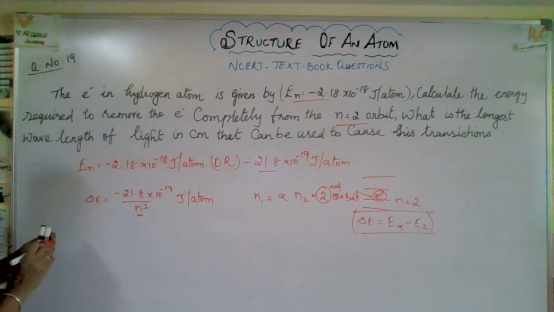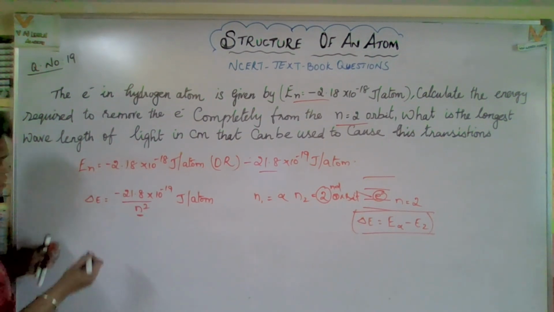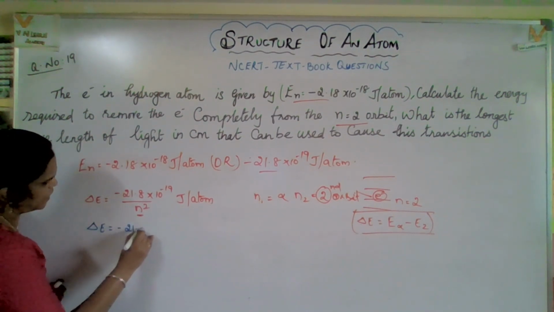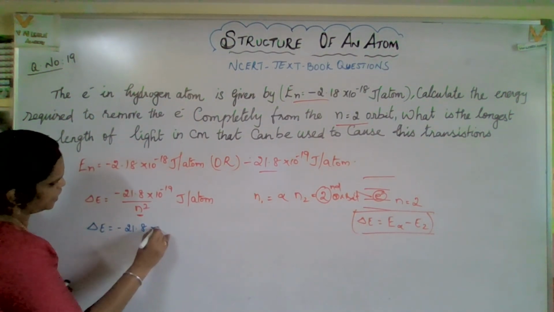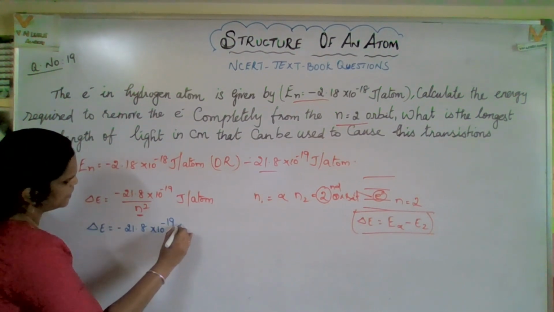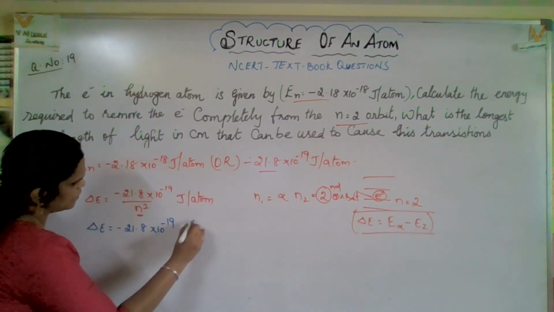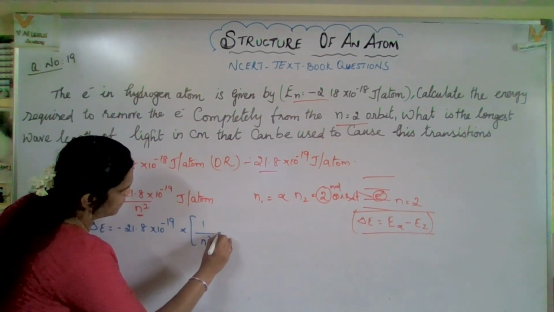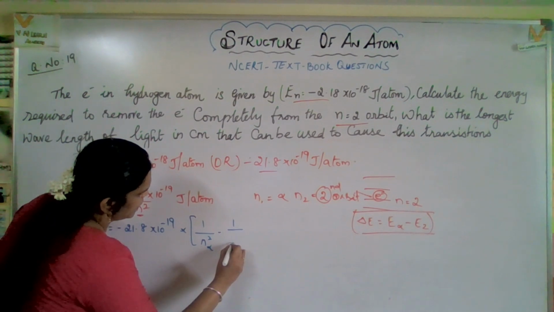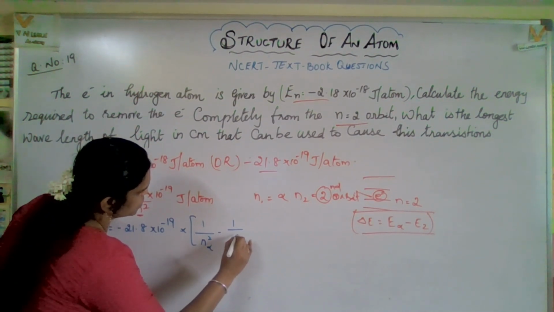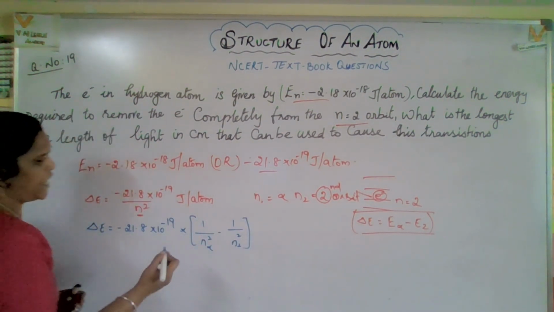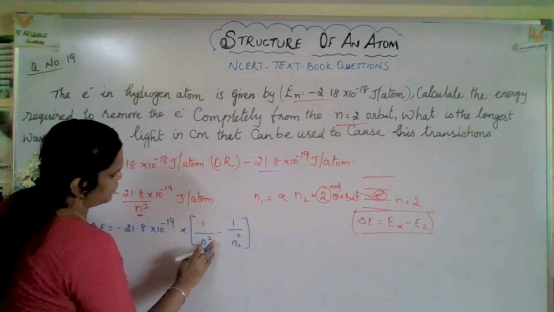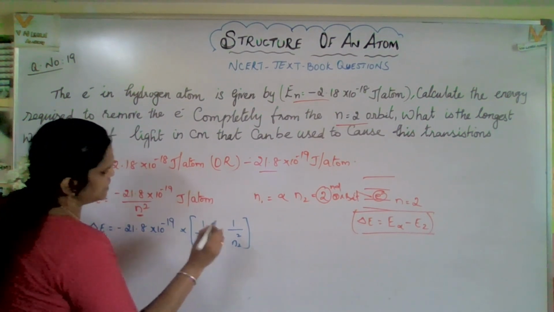Now let us check with that value. Delta E equal to minus 21.8 into 10 to the power of minus 19 into 1 by n infinity square minus 1 by n2 square. So n1 is infinity, as I just mentioned.